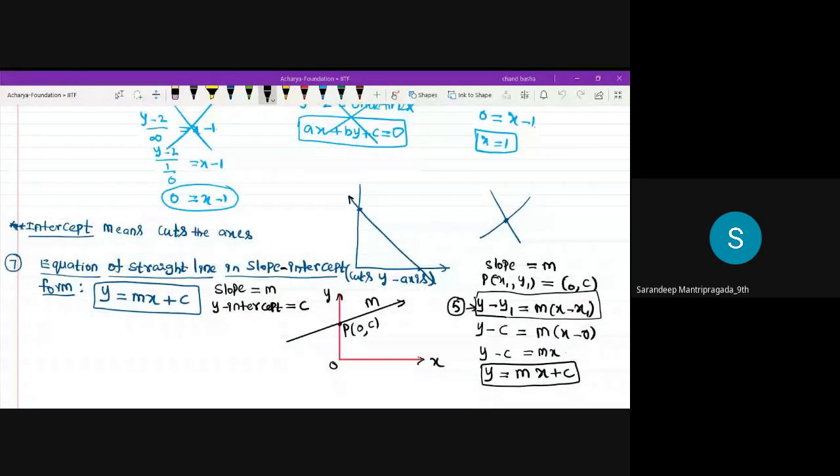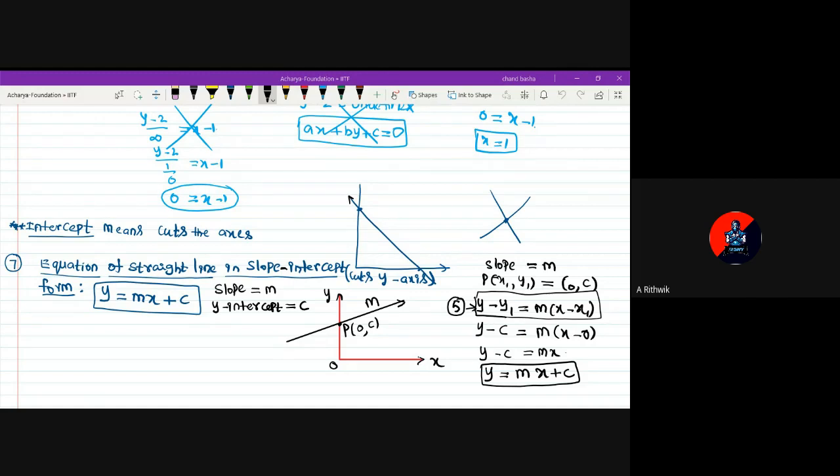Ritvik. Yes, sir. Sir, I'm confused about when to use two formulas: one is y minus y1 equals m into x minus x1, and another is y2 minus y1 by x2 minus x1. Just observe the questions.